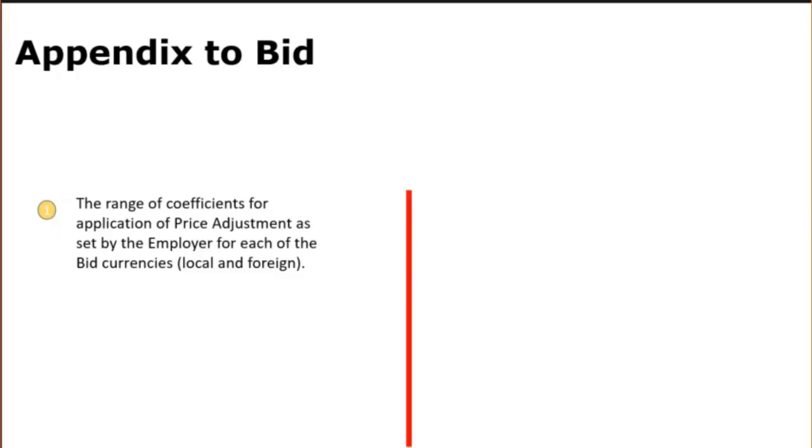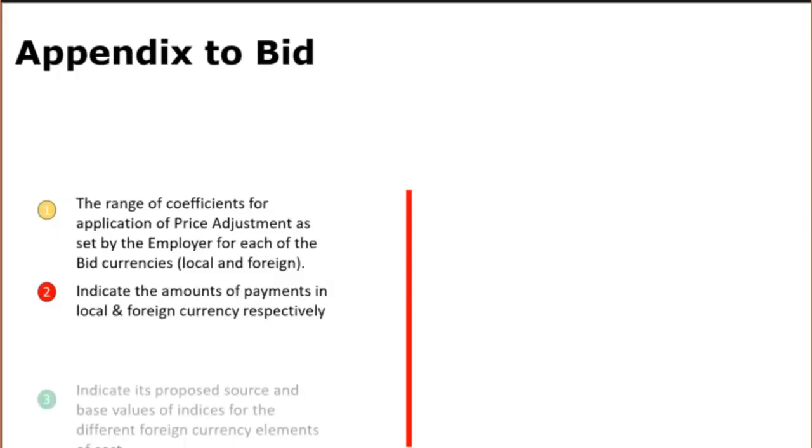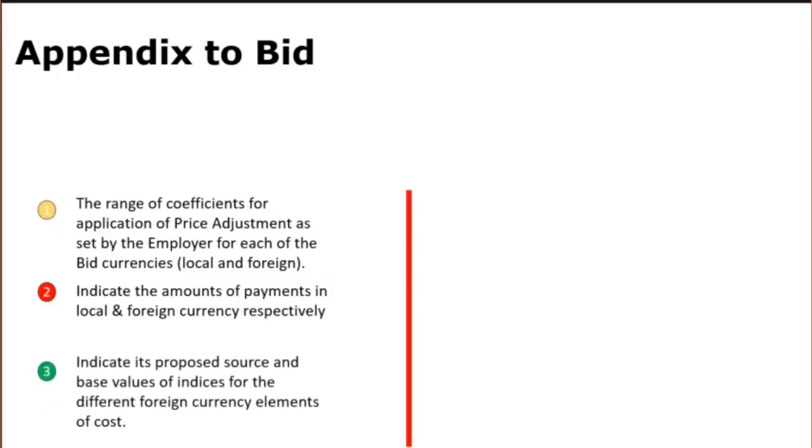In each of the tables A and B, the bidder shall: A. Indicate the amount of payment in local and foreign currency respectively. B. Indicate its proposed source and base values of indices for the different foreign currency elements of cost.